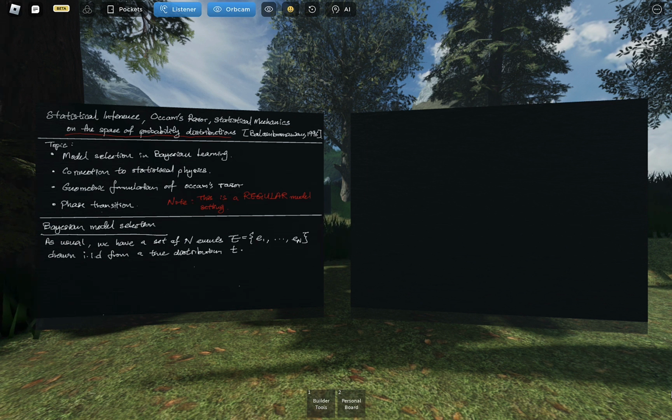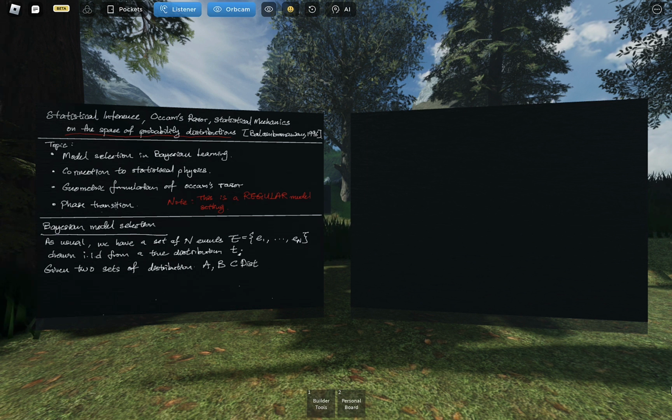So the question of model selection is, given two sets of distributions for now, I have a set A and I have a set B. Both of them are a subset of the space of distributions. I'm not going to spell that out rigorously, but it's the set of probability distributions that is supported in the same sample space as the true distribution.